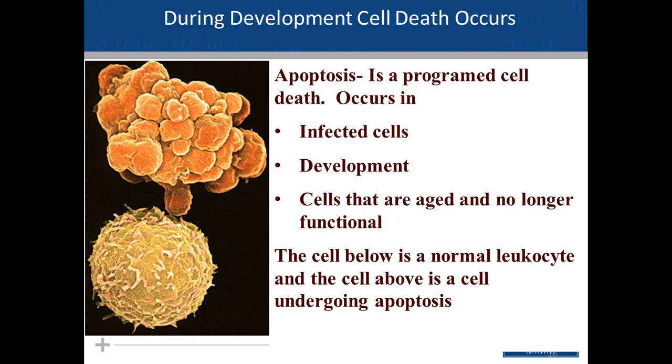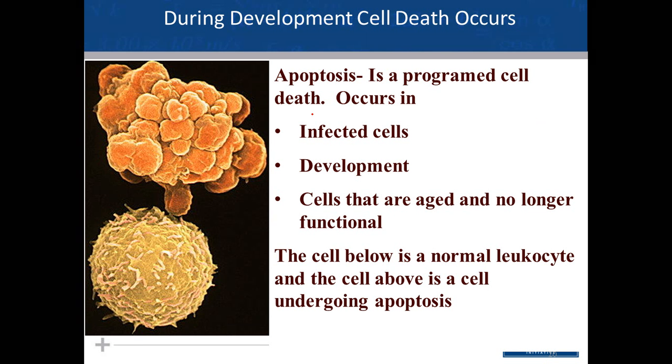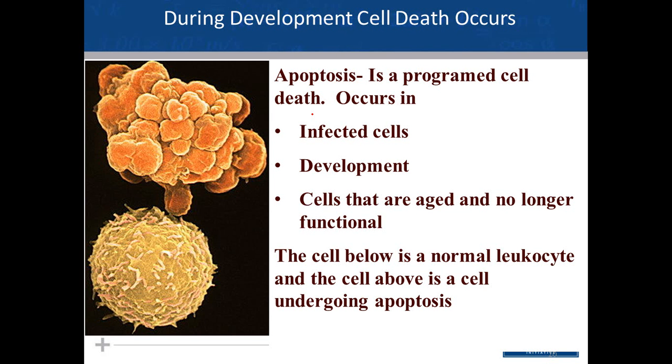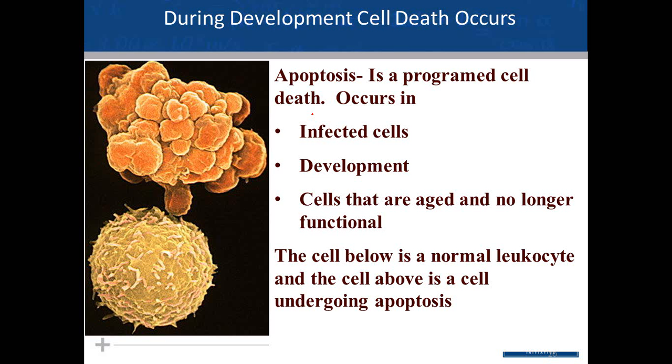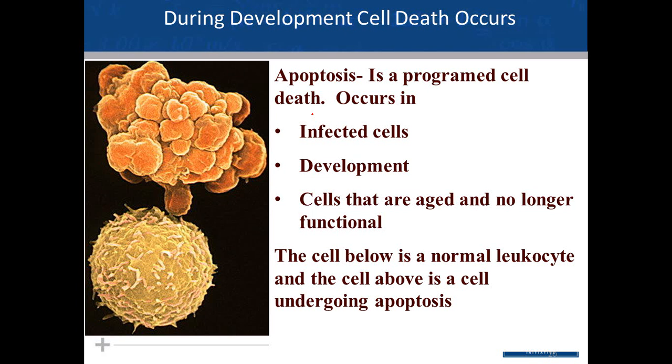The cell below is a normal leukocyte, and the cell above it is a cell that's undergoing apoptosis. It's a programmed cell death. We find it in infected cells, cells undergoing development, like we just showed you with the paw of the mouse, and cells that are aged and no longer functional. So what happens in apoptosis is that there are cellular agents that go about the process of digesting or breaking down the DNA.